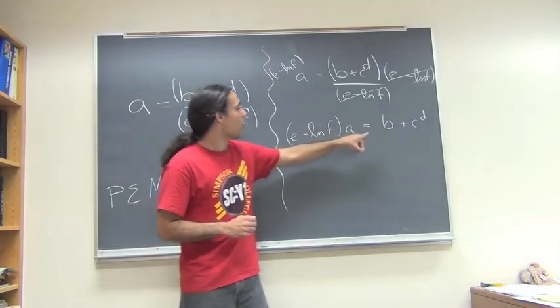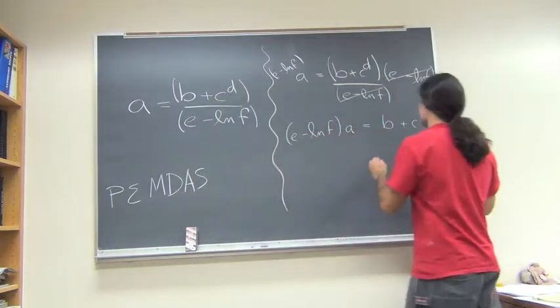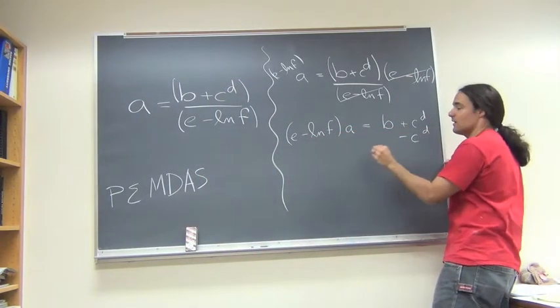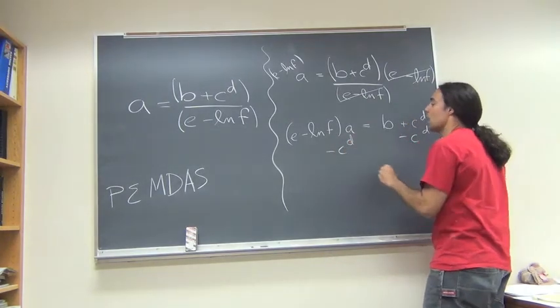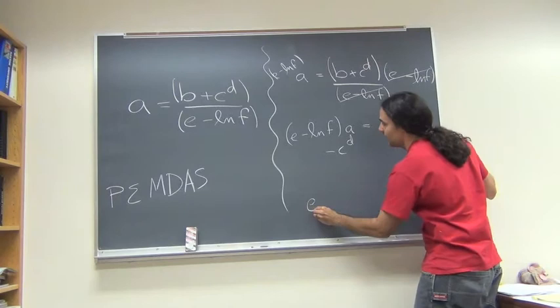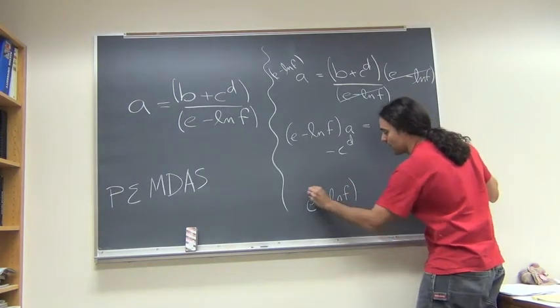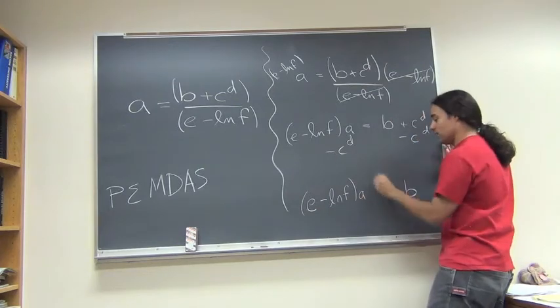Now, all I have to do to get the B by itself is just subtract C to the D on both sides. And we'll be left with B on this side equals E minus log F times A minus C to the D.